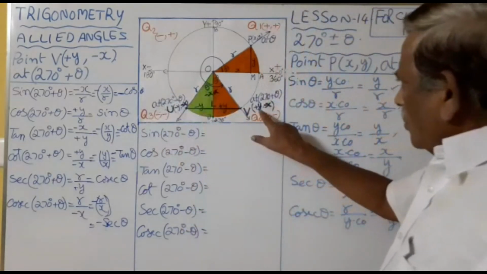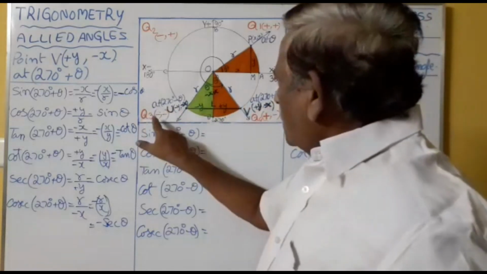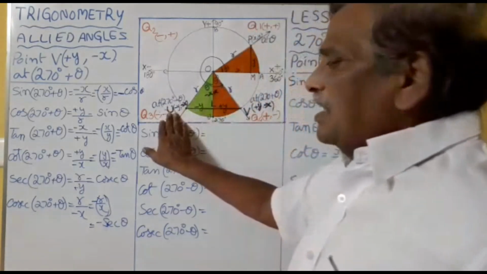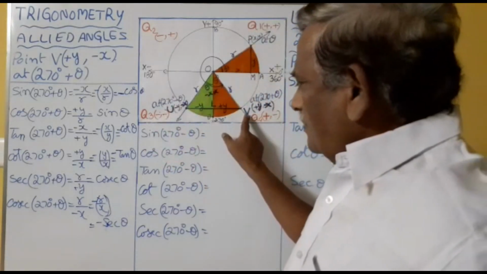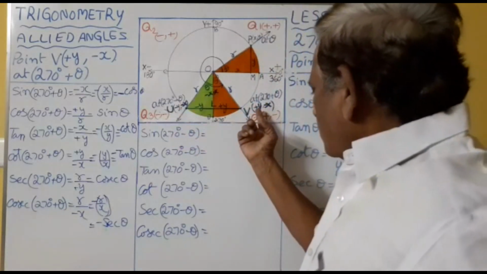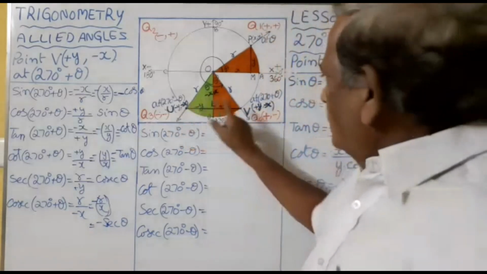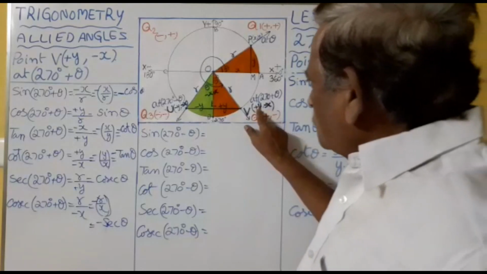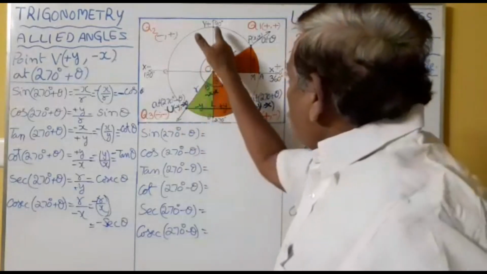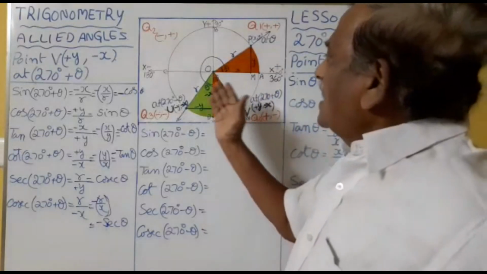In Q4, the coordinates are positive and negative, but in Q3, the coordinates are negative, negative. After V enters into the third quadrant, V changes to U, and the sign of the coordinates changes. The x coordinate, plus y, changes to minus y due to lateral inversion through the y-axis. The other coordinate remains as it is.